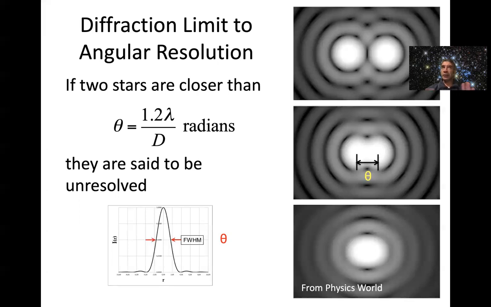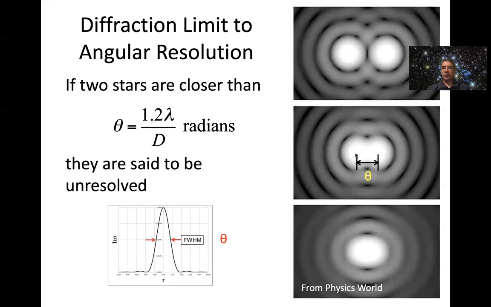So angular resolution is this idea of, can you resolve these two stars? Can you see that there are actually two objects there instead of one? And for a circular telescope, we end up with this formula here that defines this angular resolution limit. Okay, so you can characterize it both ways.